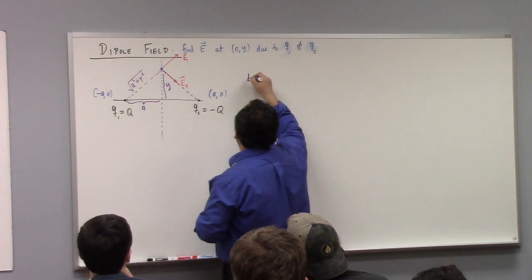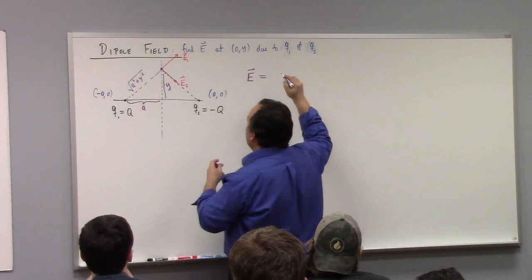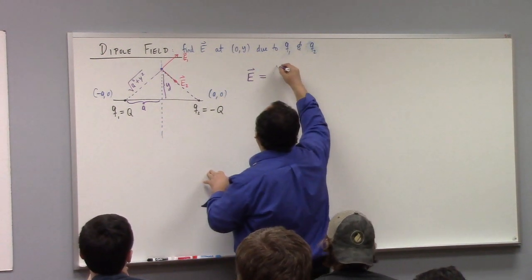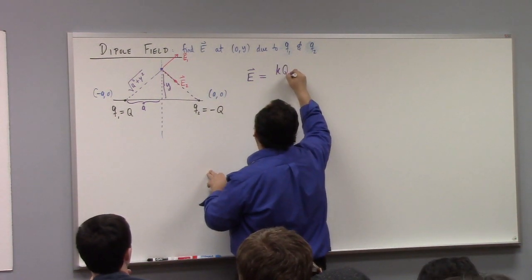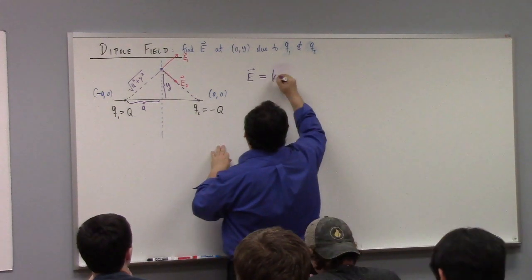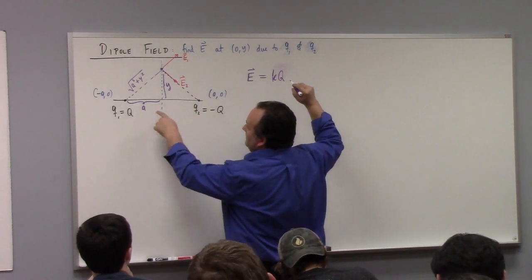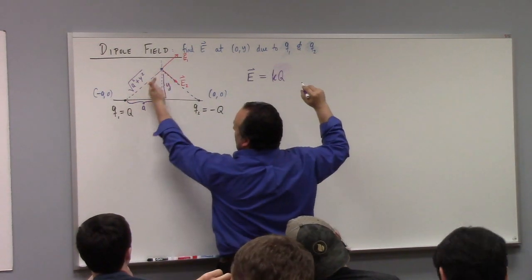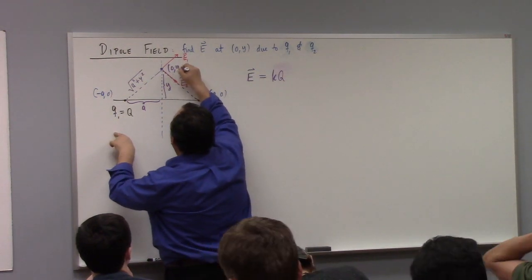So the electric field is equal to KQ, and KQ, and let's see here. So to go from here to here, I need what? This point, again, was 0y.